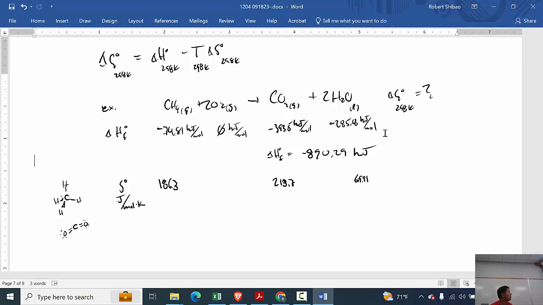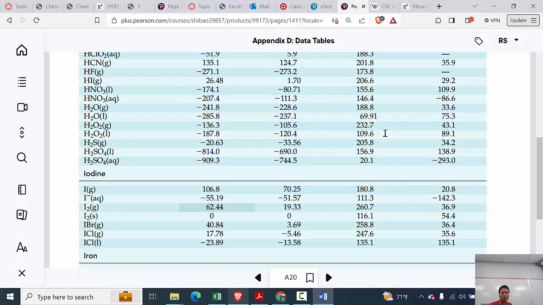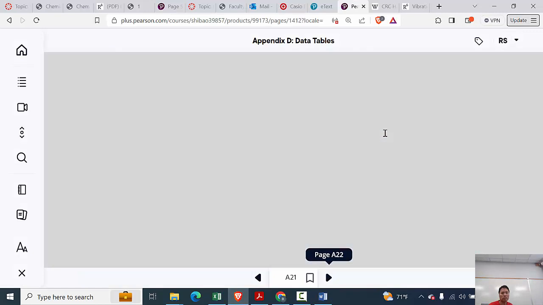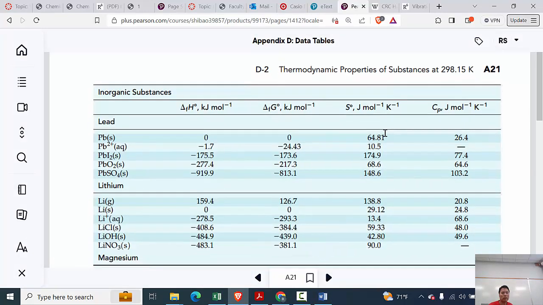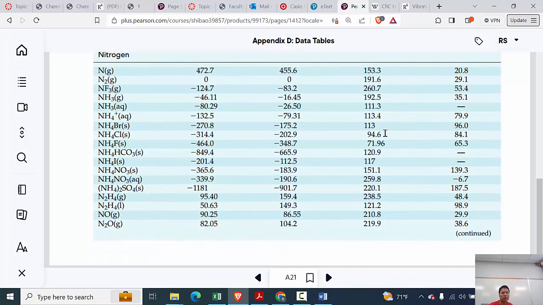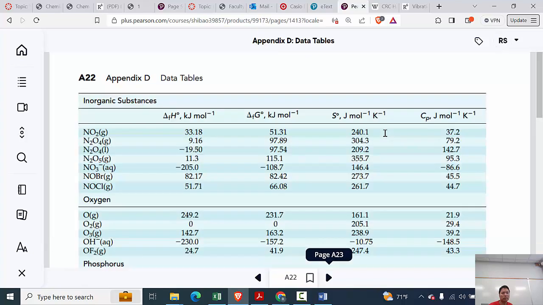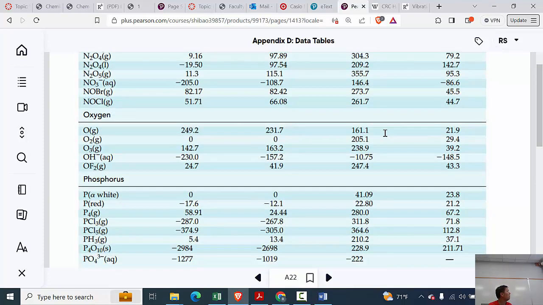And then we just need O2. So let's go get O2 from Appendix D. Almost there. Here we could see the complexity go up. All three of gases, atomic oxygen, molecular oxygen, and ozone.